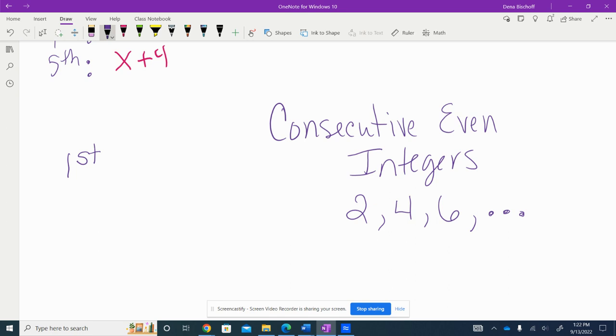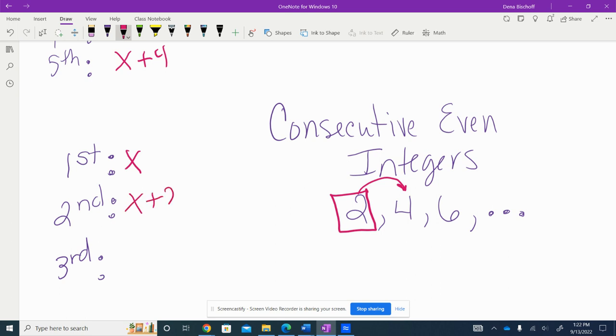So I have to define my variables: my first one, my second one, and my third one. What's the first term going to be? Would we use the first term from last time? X. So if this is X, what did I do with this to make it equal X plus 2?